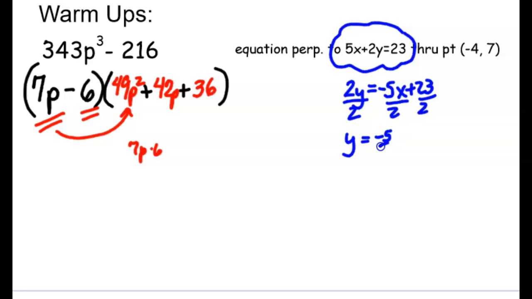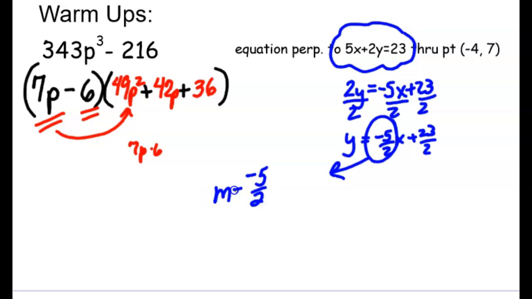The slope is a negative 5/2, and I don't care about this number back here at all because all I want is the slope anyway. So the slope was negative 5/2. Other than that, I didn't care about anything. But what is the perpendicular slope then? Yep, positive 2/5.